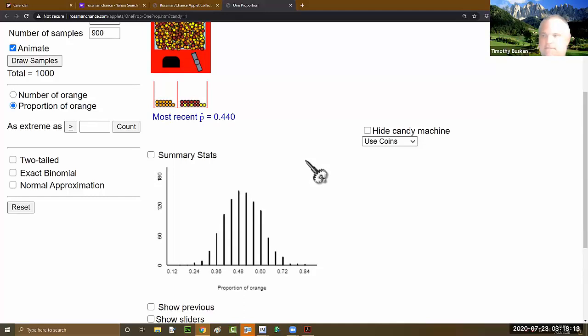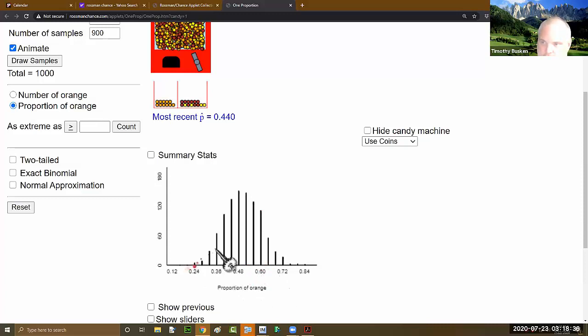And you can see, for example, right here above 60% that there were close to about 120 sample percentages that were equal to 60%.